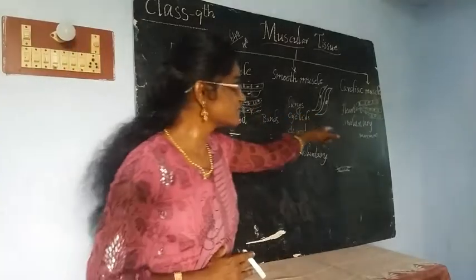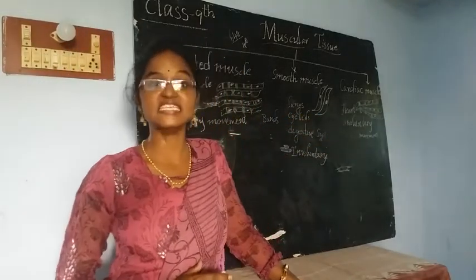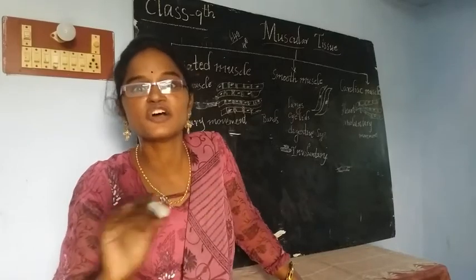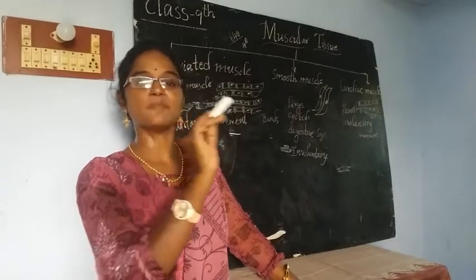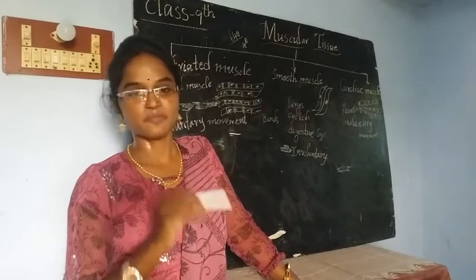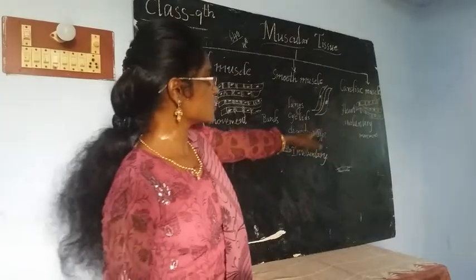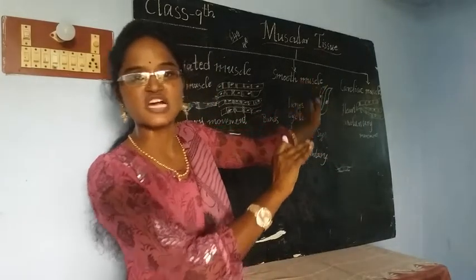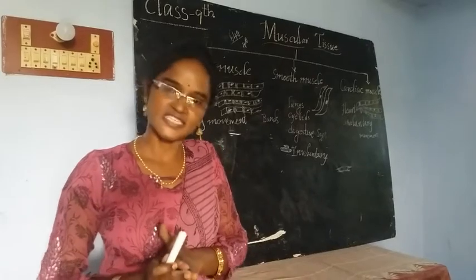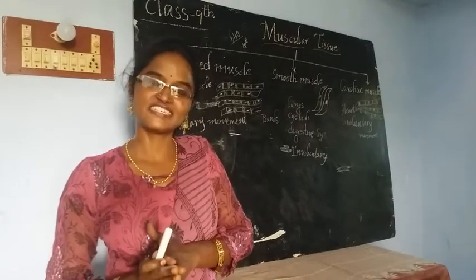But the important point you need to remember is, these are the muscles that can continuously function from our birth till our death. From birth to death, these are the only muscles that may work continuously. You may have a doubt, do they never get tired? Yes, they may also get tired.